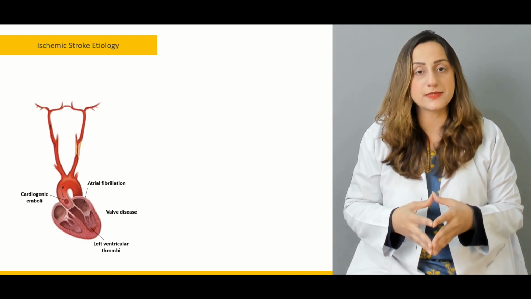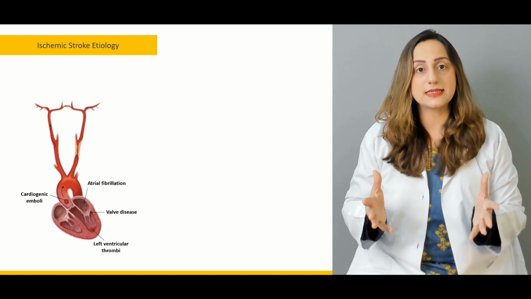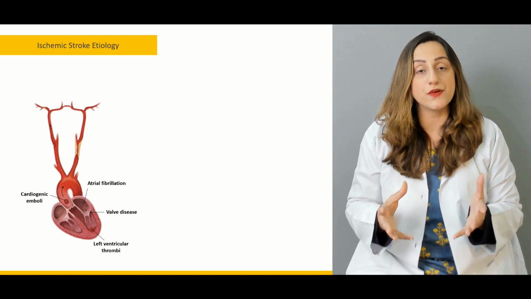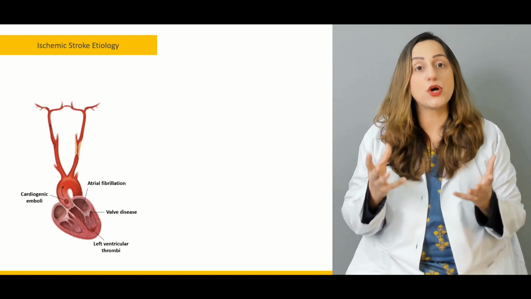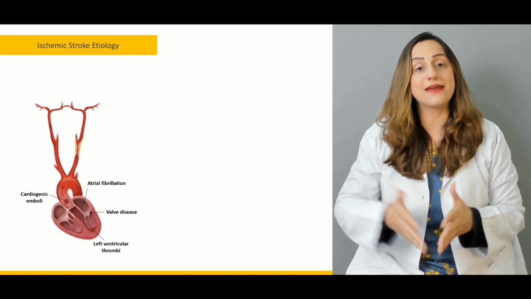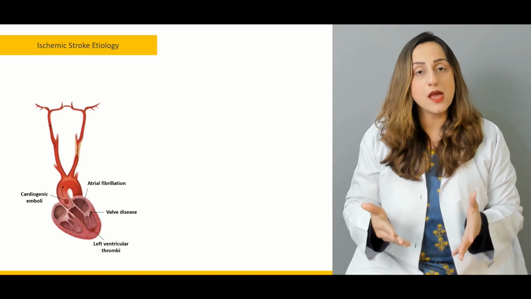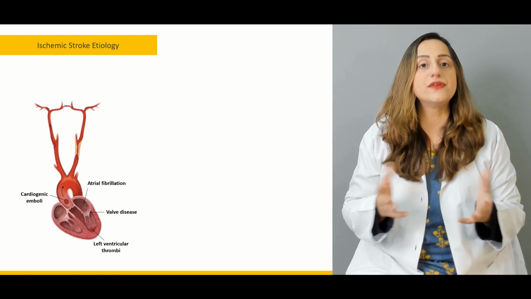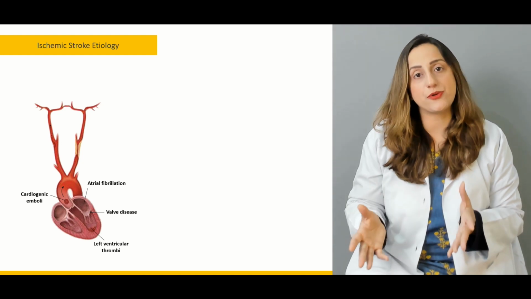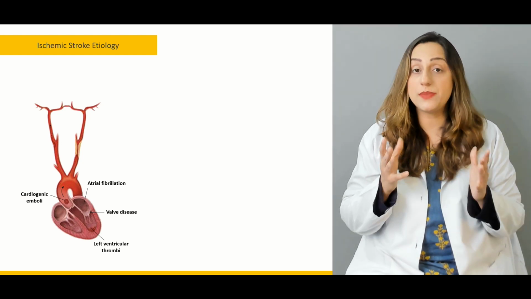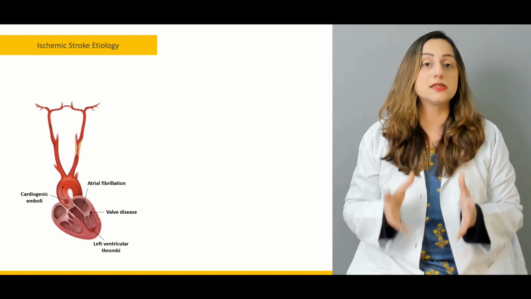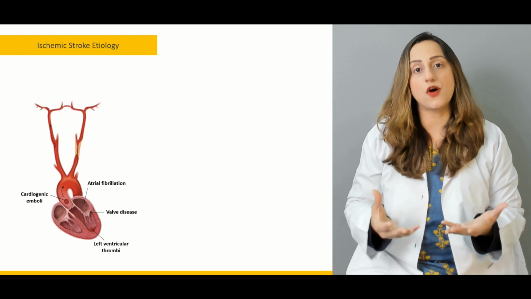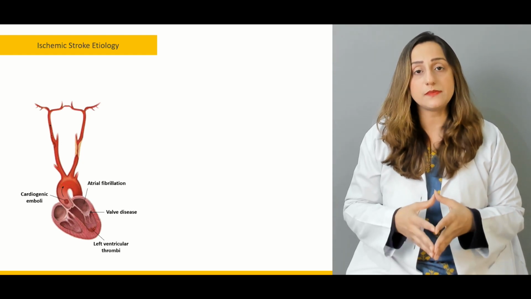I'll be discussing the CHAT scoring later on. That is going to highlight the importance of blood pressure monitoring in patients who are at risk of or prone to accidents such as ischemic strokes or even the hemorrhagic variety of strokes. So blood pressure monitoring is a vital and pivotal part of the examination of stroke patients.